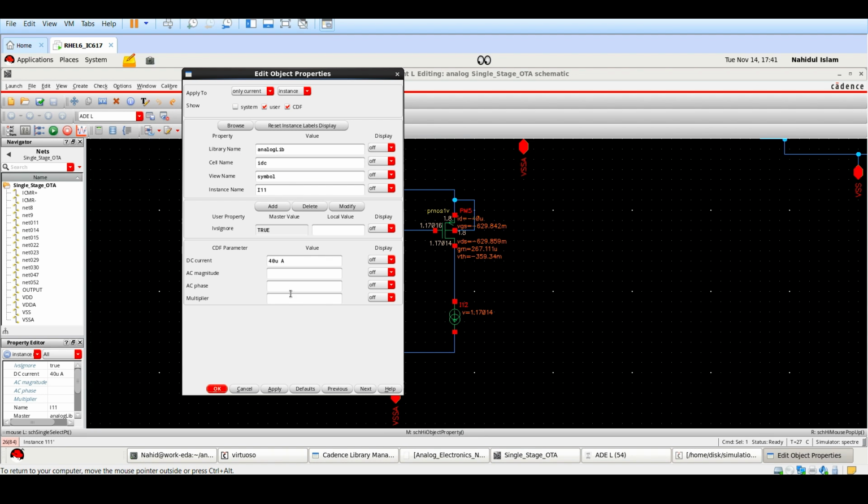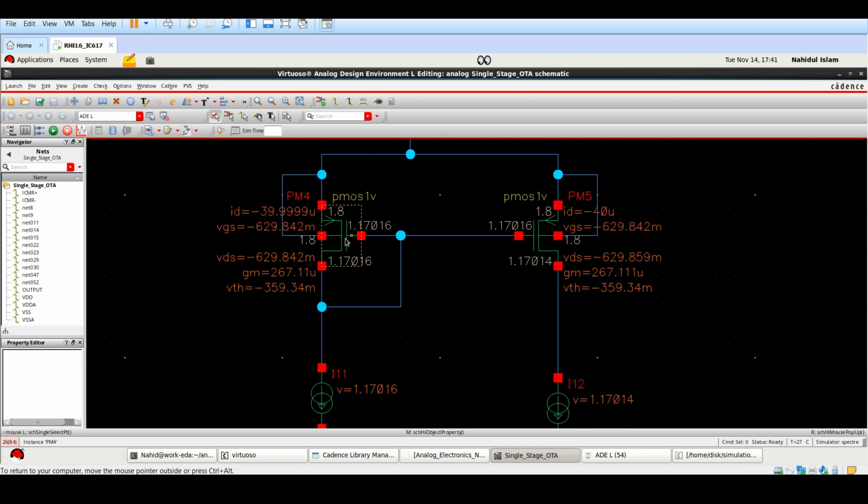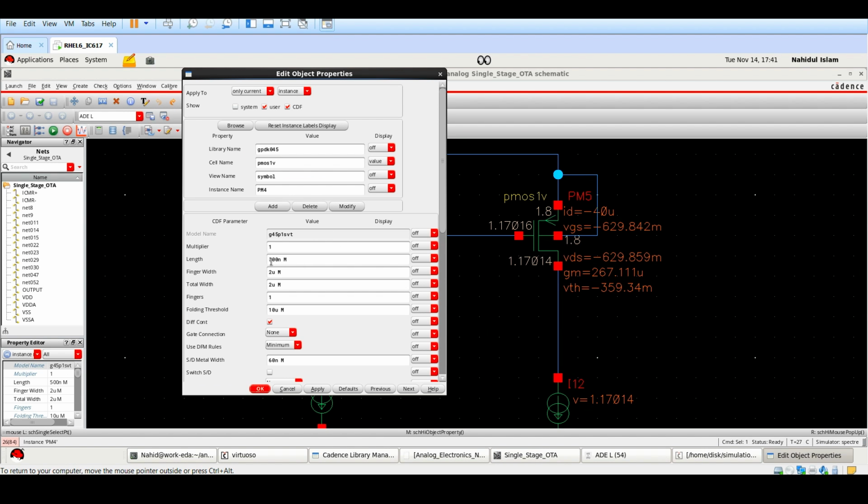I set the current here to 40 microampere, also for this current source, and I set the length to 500 nanometer and an arbitrary width. Basically, there is no strong effect on threshold voltage from the width of this PMOS transistor, so I can set any arbitrary width. So I set 2 micron and a length of 500 nanometer.